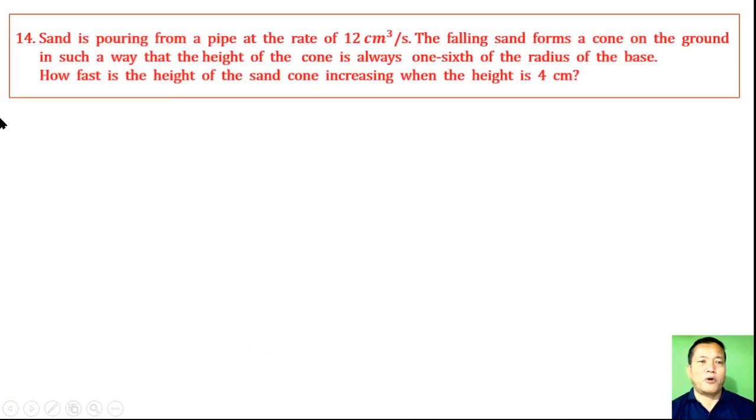For question number 14, sand is pouring from a pipe at the rate of 12 centimeter cube per second. The falling sand forms a cone on the ground in such a way that the height of the cone is always 1/6 of the radius of the base.